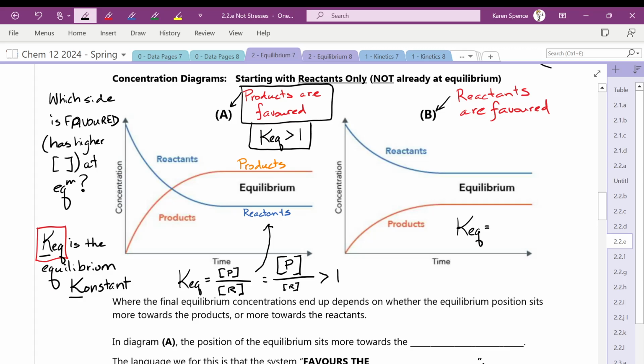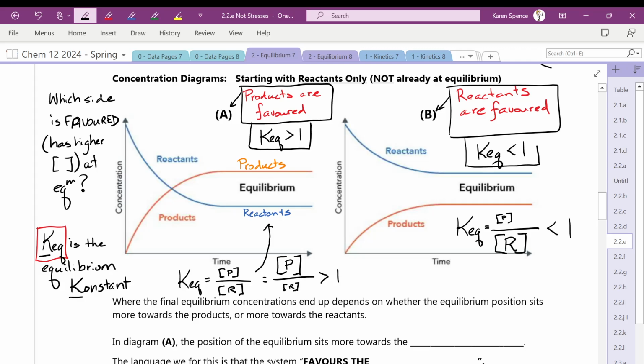Now the products is smaller, it's a small value, and the reactants is a big value. And a small number over a big number gives you a value which is smaller than 1. Okay, so when reactants are favored, that means that KEQ is going to be less than 1.